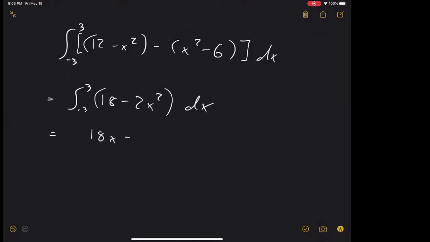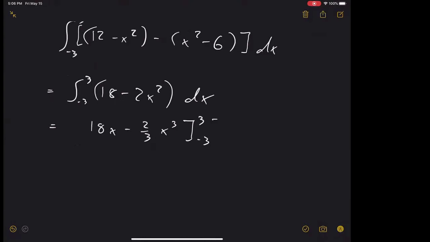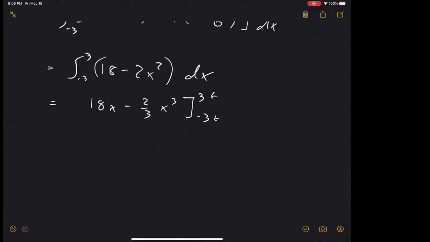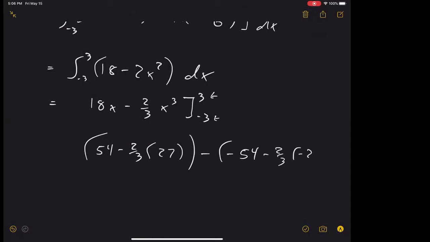Integrating this, I get this antiderivative evaluated at these bounds. Okay, so plug in those numbers. Let's see, I get 54 minus 2/3 times 27, minus negative 54 minus 2/3 times negative 27.